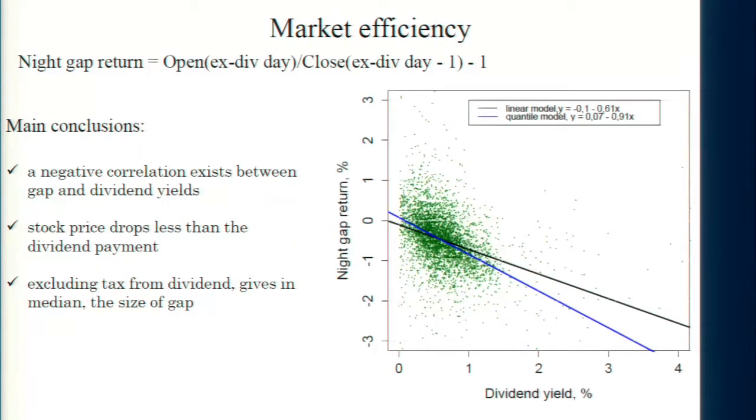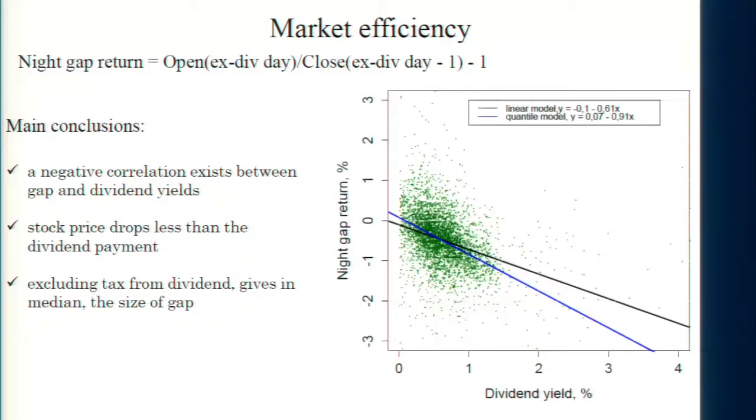What we did first was to chart a scatter plot of dividend yield and gap return. The night gap we calculated as the open of the ex-dividend date divided by the close before it, minus 1.